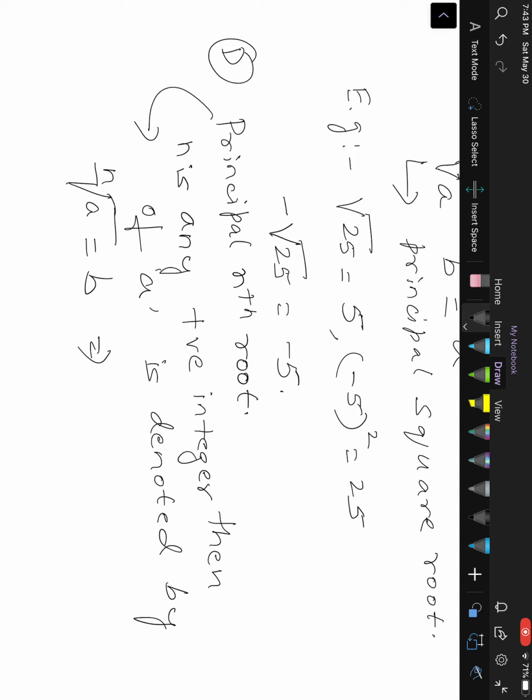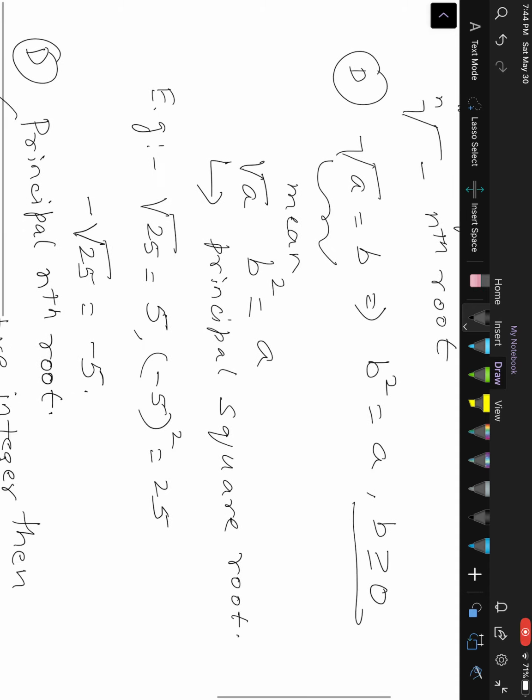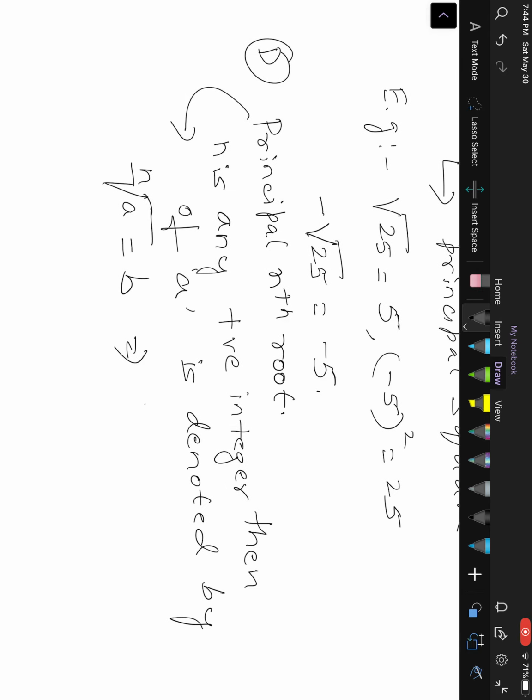That implies, as we defined in the square root, it is the same as saying that raising b to the power of n will give you a.